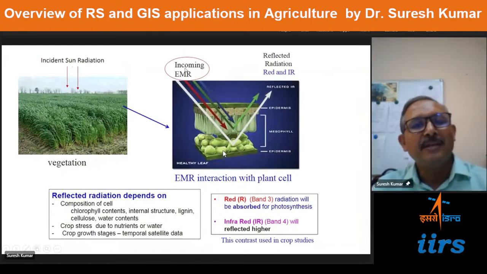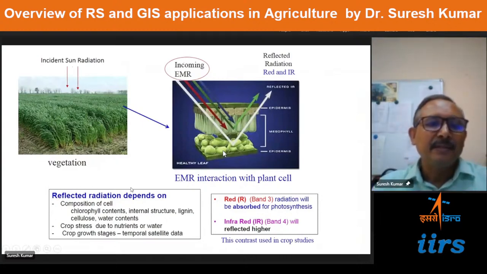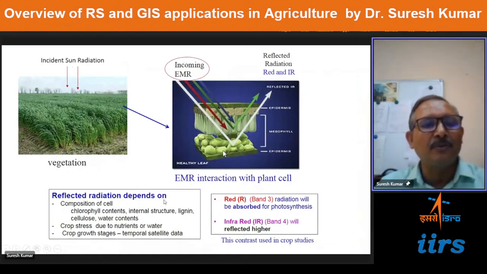What happens when radiation comes to the surface of the crop? This shows the plant cell, which is composed of mesophyll cells or different cellular structure. The radiation will reflect, and the reflected radiation will depend on the composition of the cell. Different plants have different cell composition, and that's why reflectance will be different.